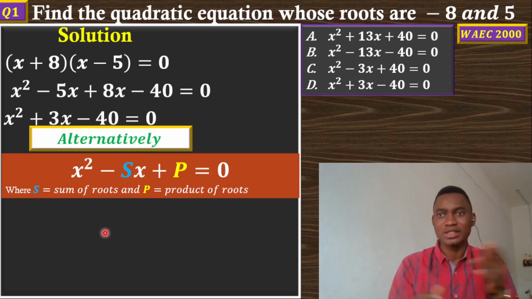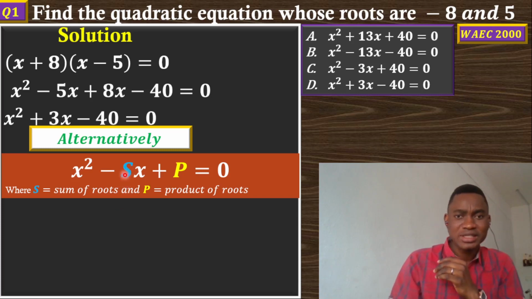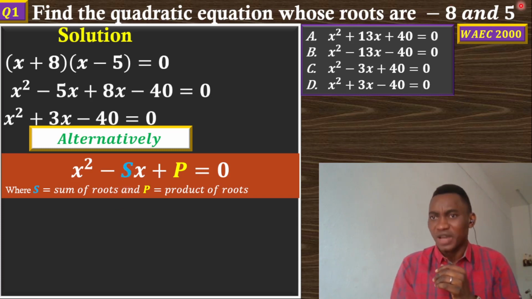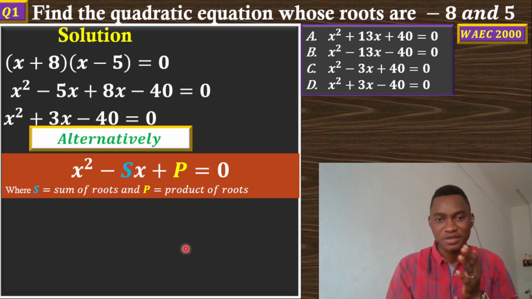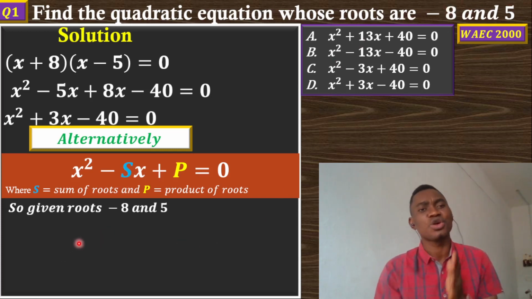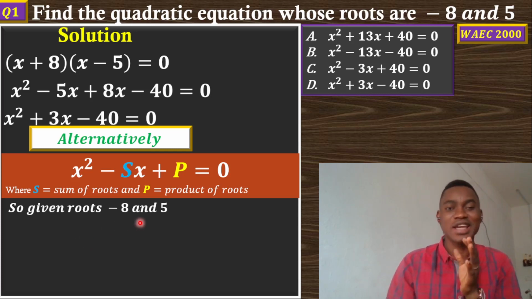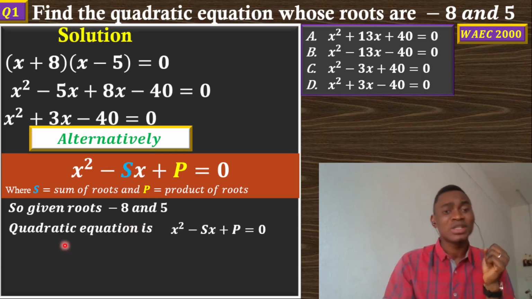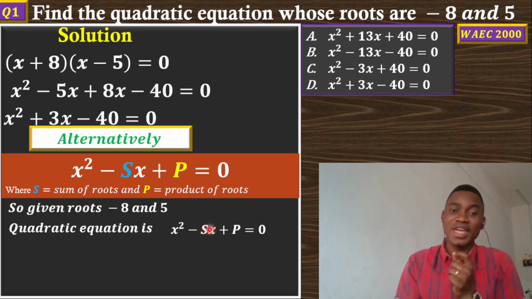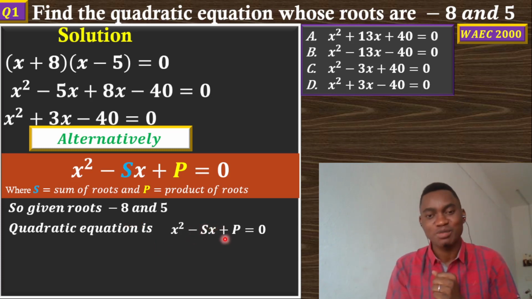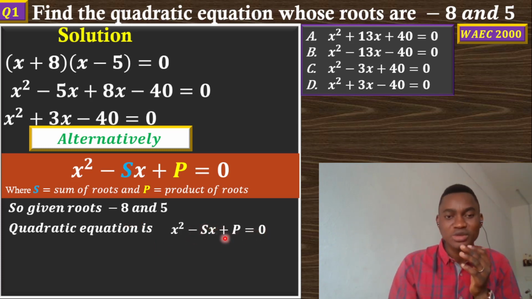So looking at the question given to us, s is what? Minus 8 plus 5. And p is what? Minus 8 times 5. So given that the roots of this quadratic equation are minus 8 and 5, the quadratic equation is going to be x squared minus sx plus p equal to 0.